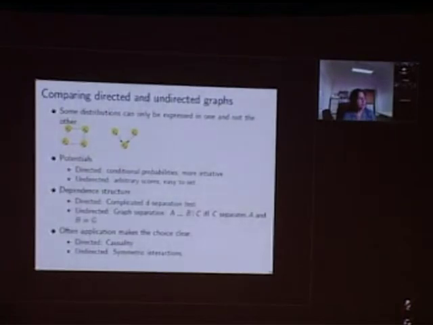When you have a potential, we are trying to understand the relationship between graph structure and the factorization of a distribution. If you have a factorization of a distribution involving a subset of variables, then that subset of variables has to be a clique in the graph.